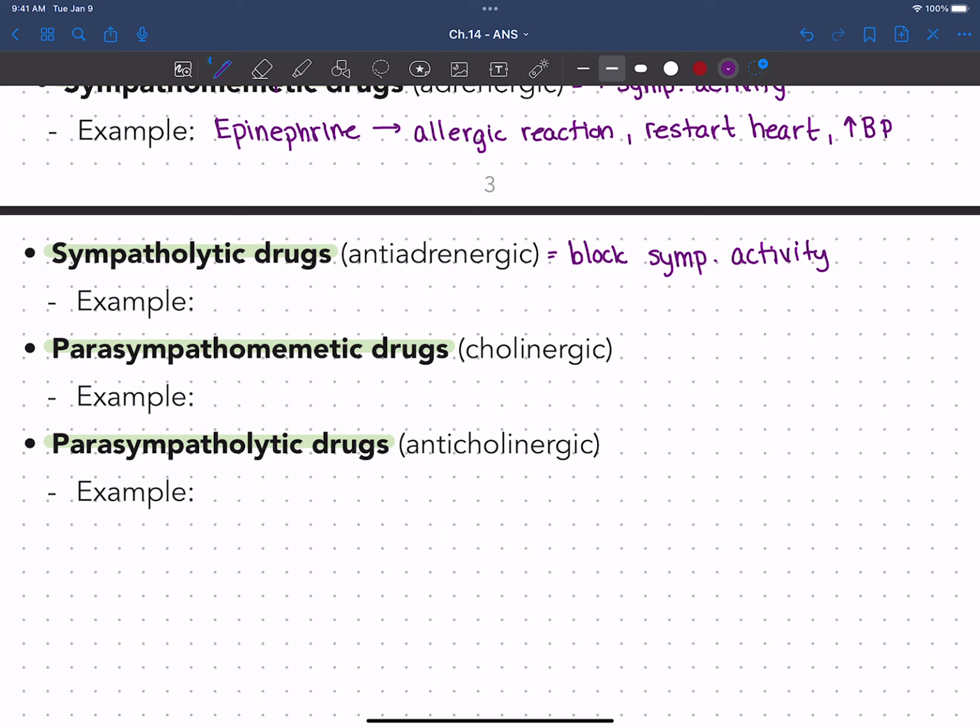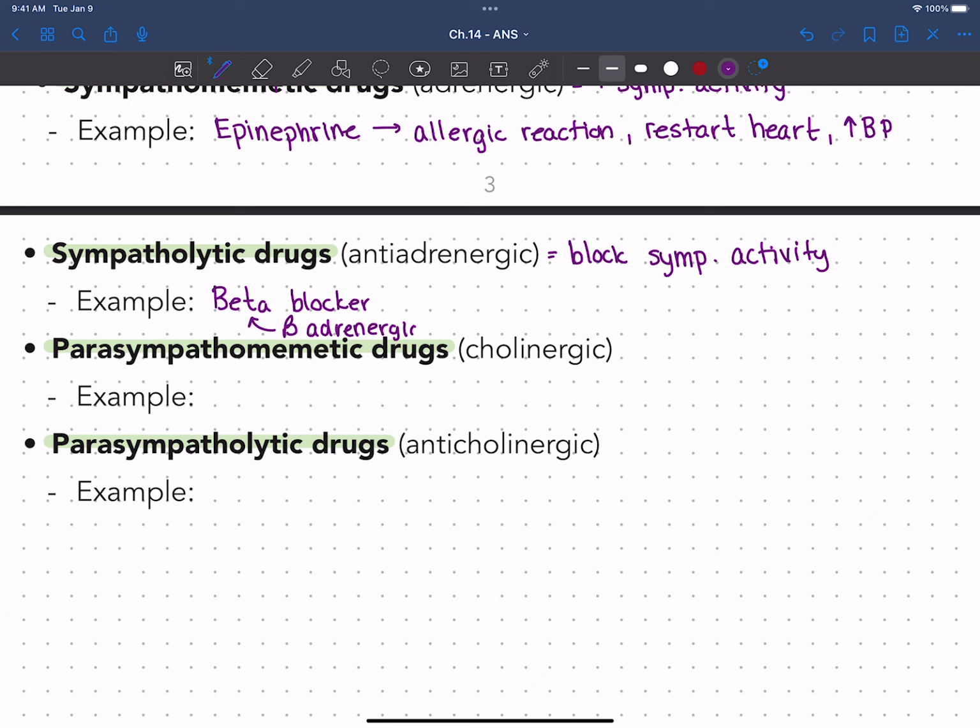Right, and so an example of this would be a beta blocker. Beta blockers are very commonly given for anxiety. The beta part of a beta blocker is referring to the beta adrenergic receptors we discussed with the sympathetic nervous system.